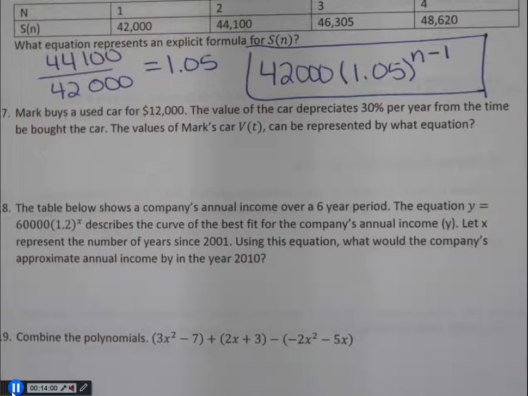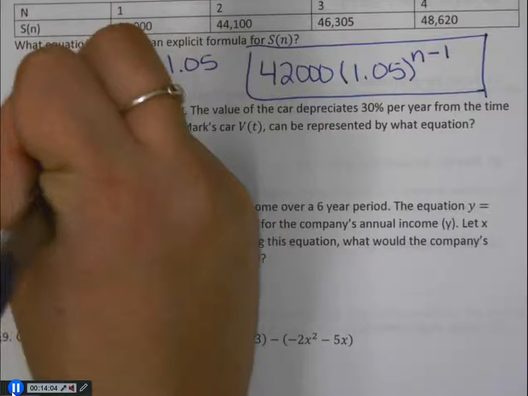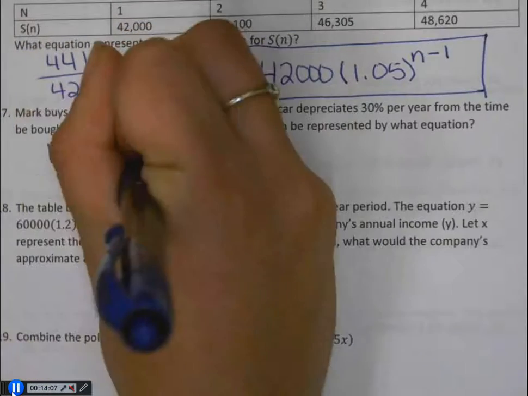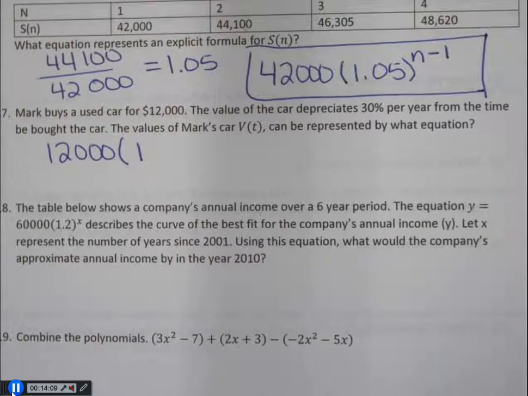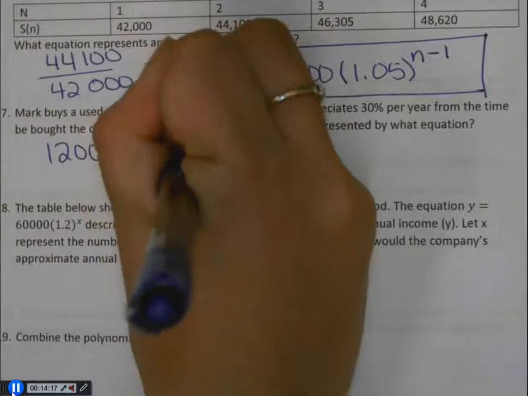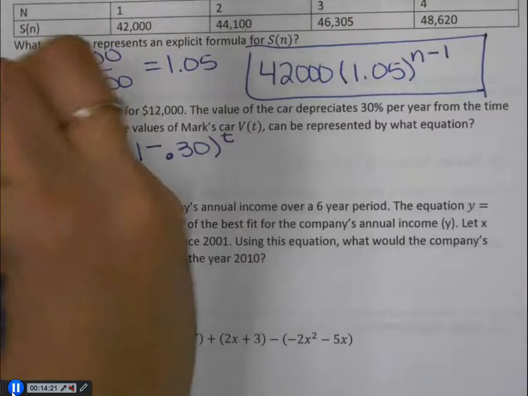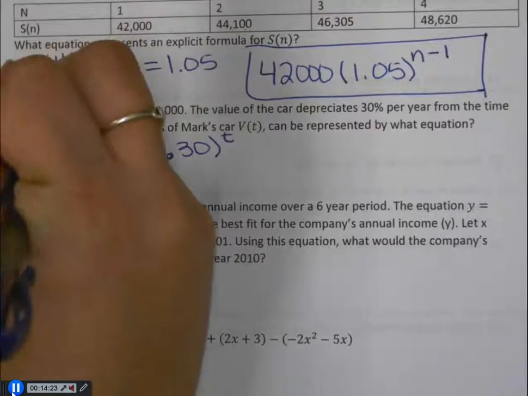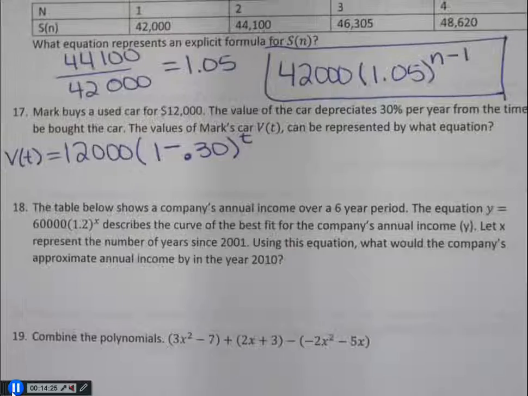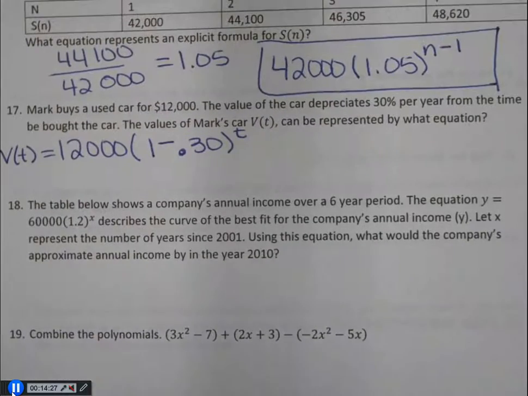Number 17 is telling me this guy's buying a car and it's depreciating. So I start off with how much the car costs, which is $12,000. Then, because we always start with 1 because 1 is full. It tells me it's depreciating, so that means it's decreasing, which is subtracting. I'm going to turn the 30% into a decimal. And t is my variable here. Okay. Then all I need to do is simplify.